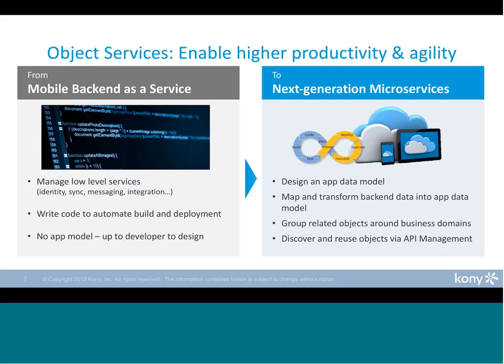But in an object world, you are defining everything in terms of an app data model, right? Then you can map and transform the backend data into the app data model. You can group the related content. You can reuse these objects. So it gives you a lot more flexibility when you are using an object service.